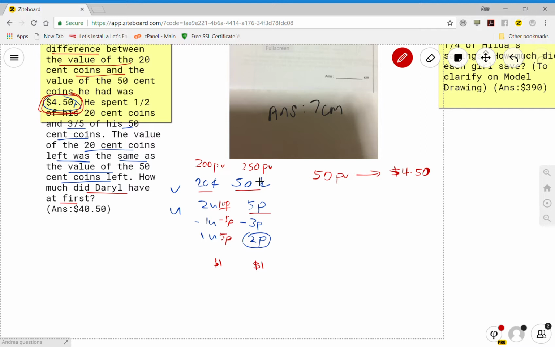At first he has 450 PV, right? So times 9, it is 4.5 times 9, so equal to 50. Yeah, that's it.